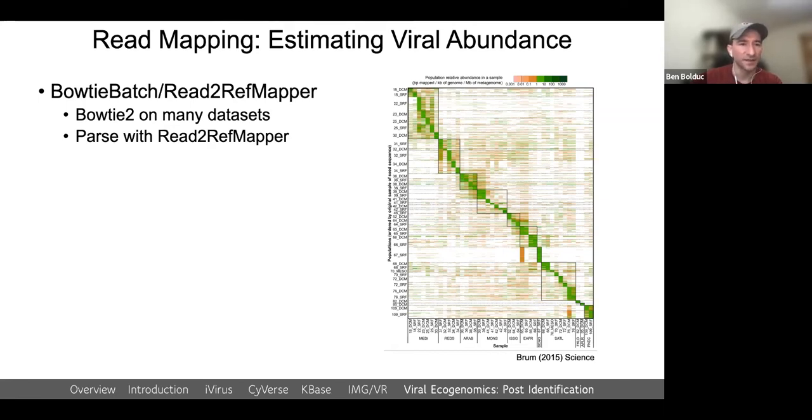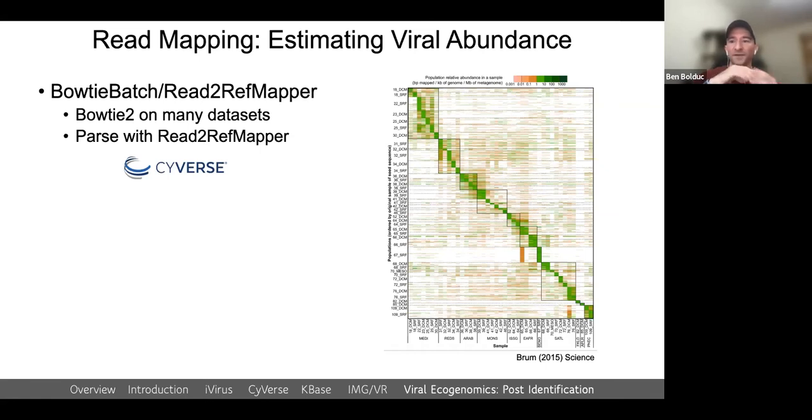On iVirus, I've written two tools called Bowtie Batch and Read to Ref Mapper. I'm not very good at naming things. You can use Bowtie Batch if you have many, many different data sets, many different samples. If you have a dozen read files, you can click on all of those different read files in iVirus and drag them over to the app Bowtie Batch.